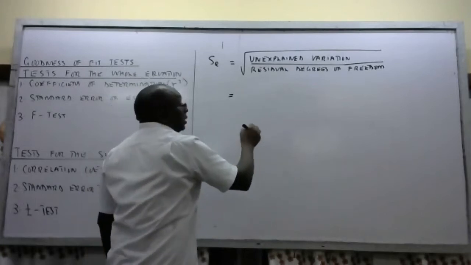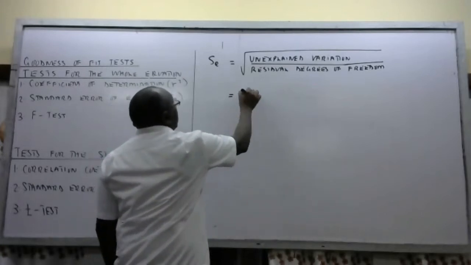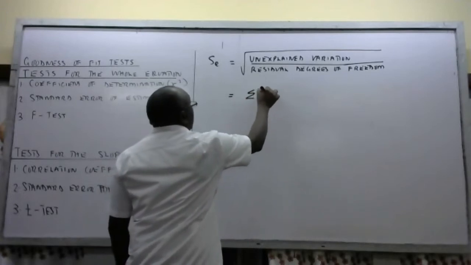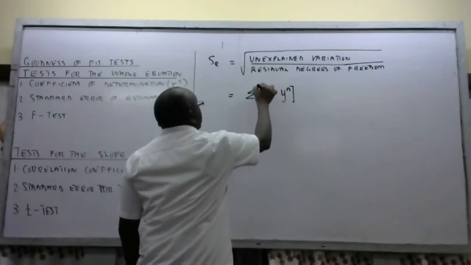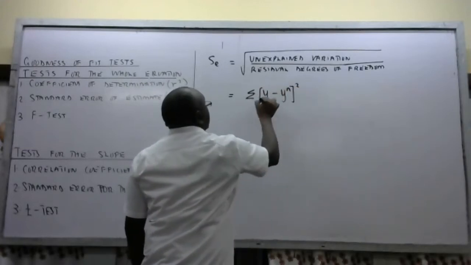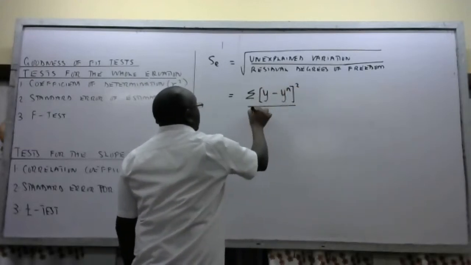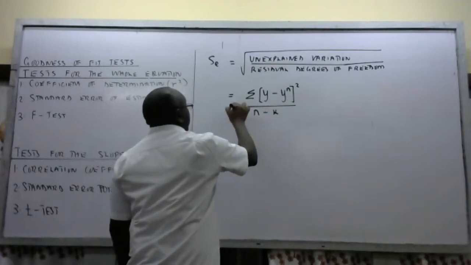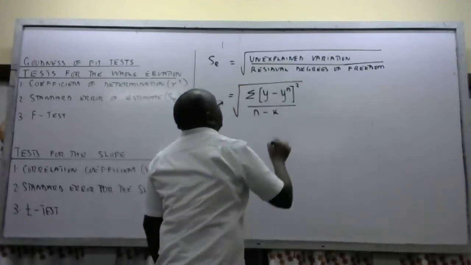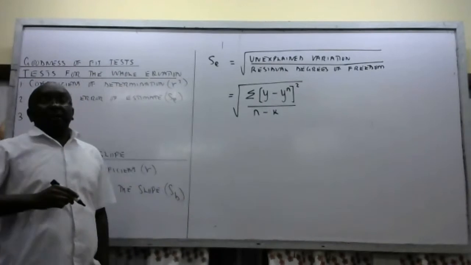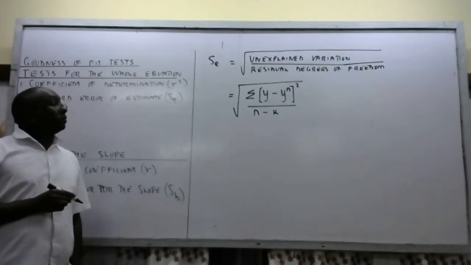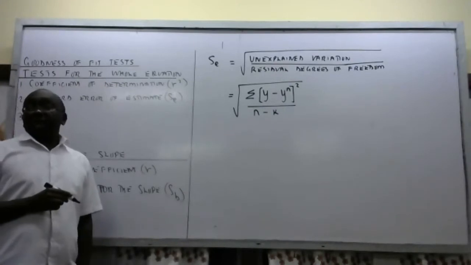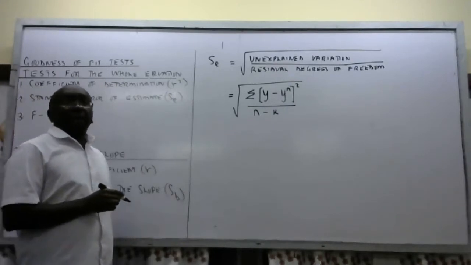And this one is changed as sum of y minus y predicted squared, you divide by n minus k.